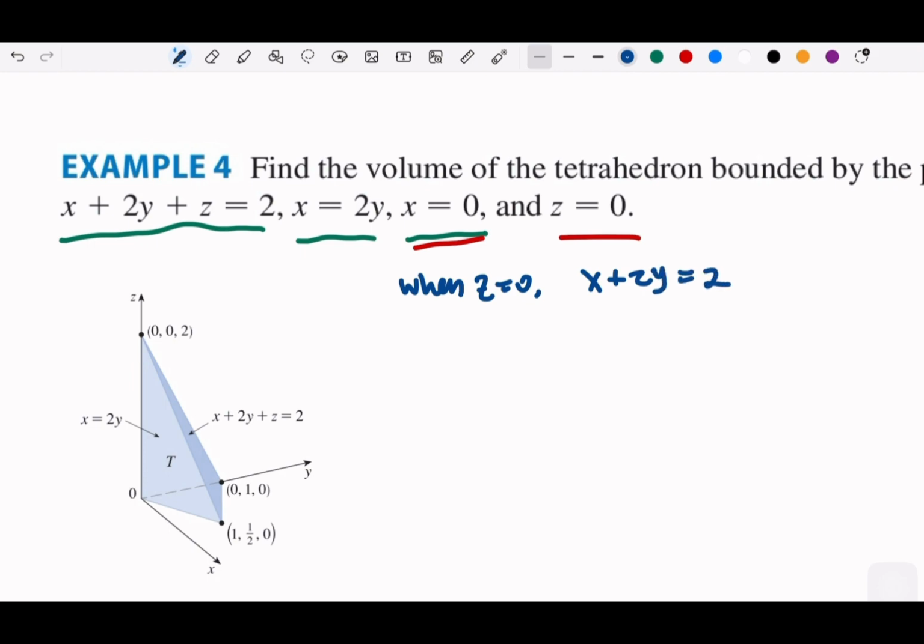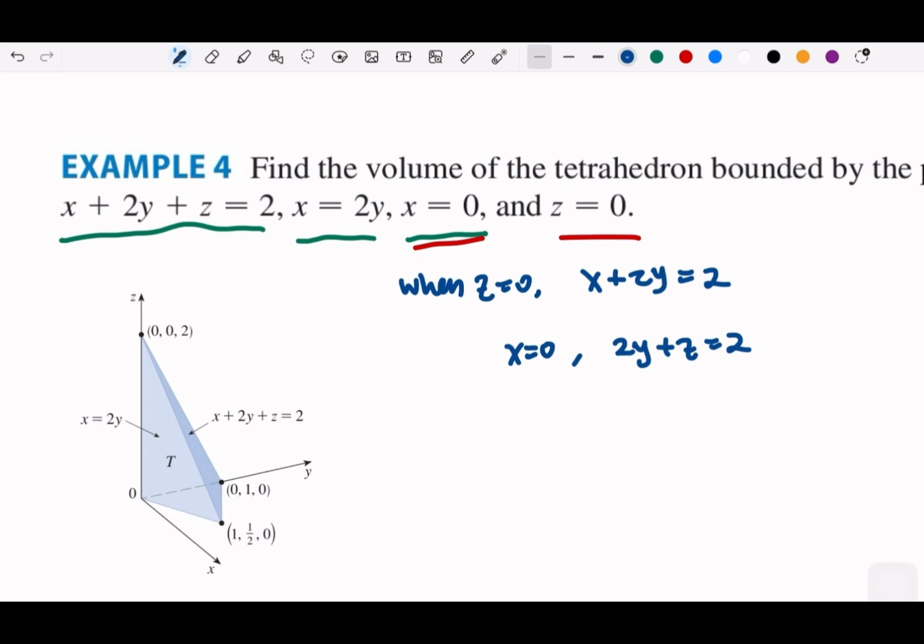So we could draw this line into the 3 dimensions, and when x is 0, then we have 2y plus z equal to 2. This we can also set up in the yz axis. This is the line for 2y plus z, and x plus 2y when z is 0, so this will be the line.